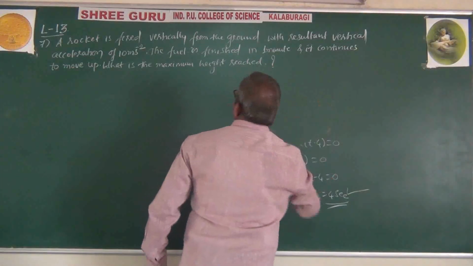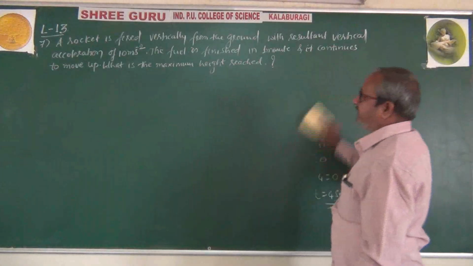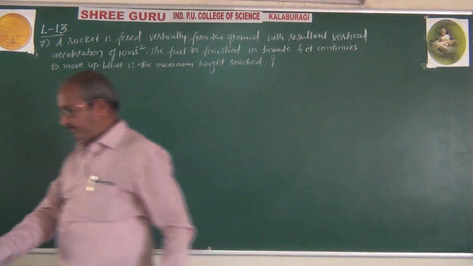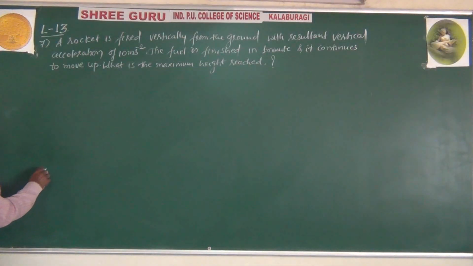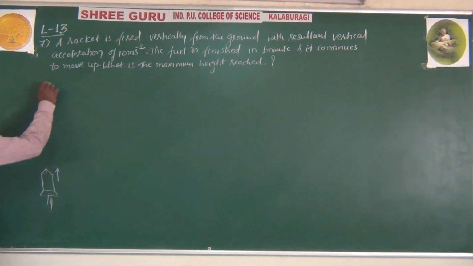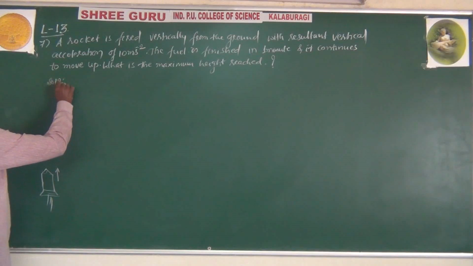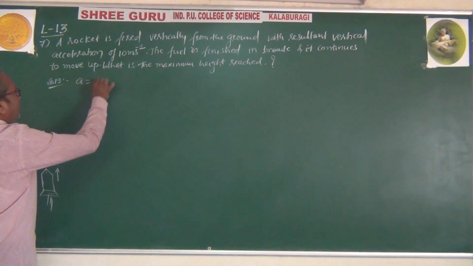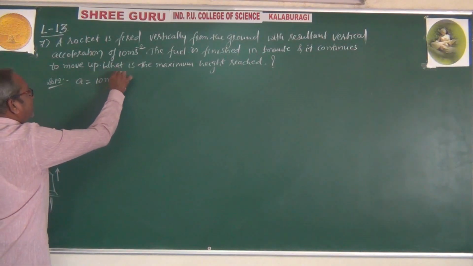So here is a rocket fired vertically up. This is the rocket. It will be fired vertically upward with a resultant acceleration. Solution: acceleration equals 10 meters per second square.